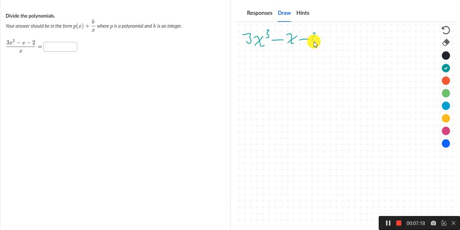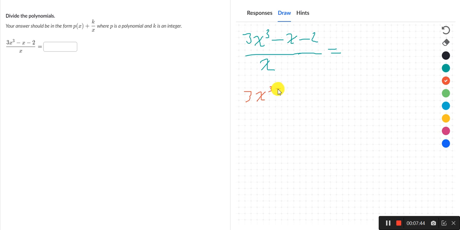One way in which you can do it is just dividing each term by x. Since the denominator is only one term, you can come to an easy conclusion by taking 3x to the power of 3 divided by x, and let's take a look at what's going on here with the first one.